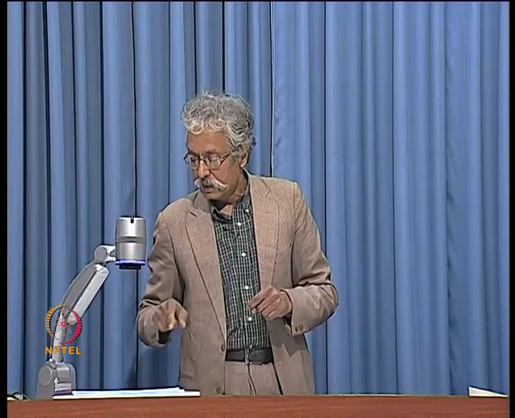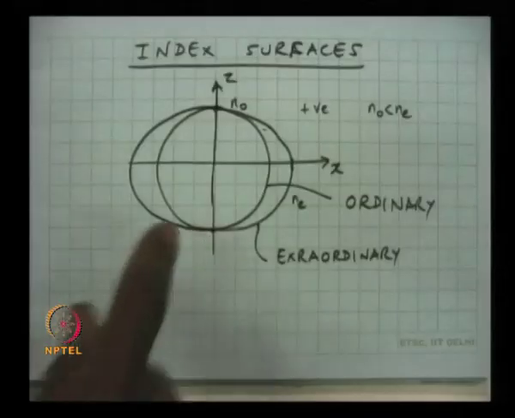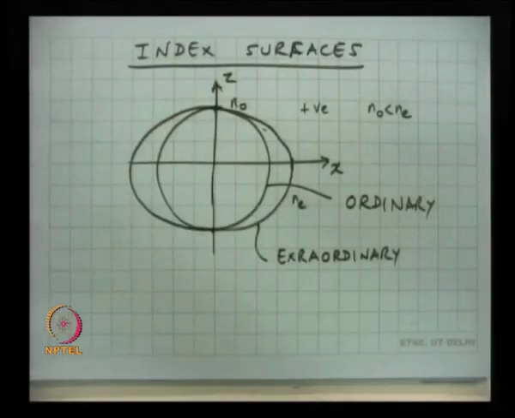In uniaxial media, because epsilon x is equal to epsilon y, you can obtain the index surfaces by revolving this curve around the z axis.